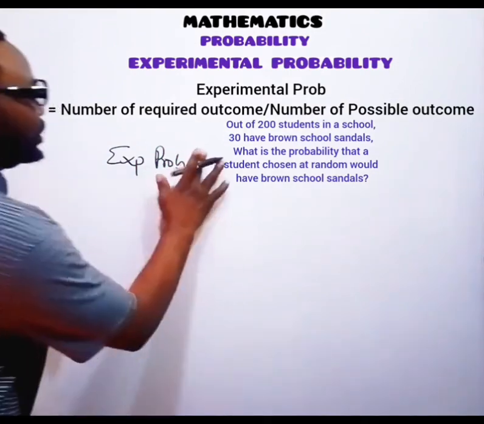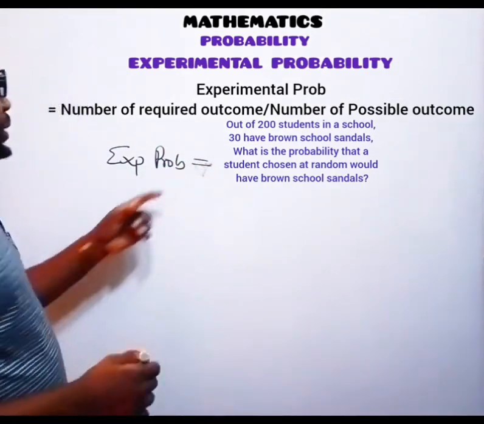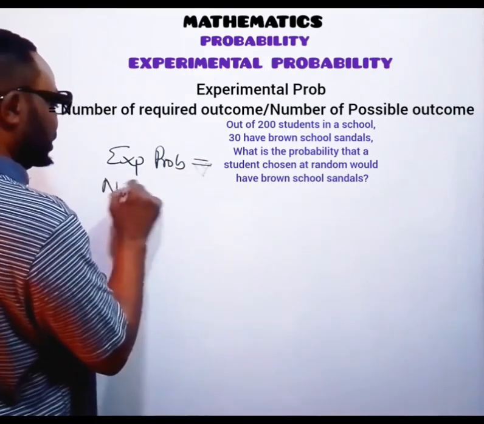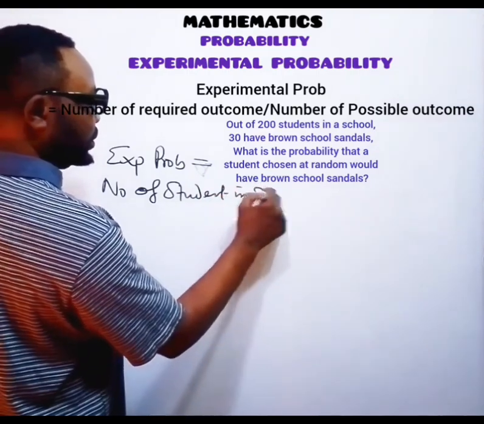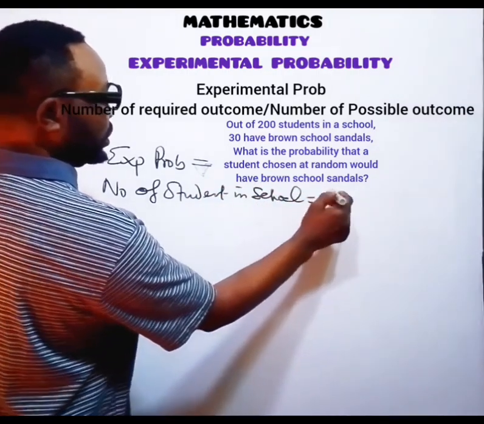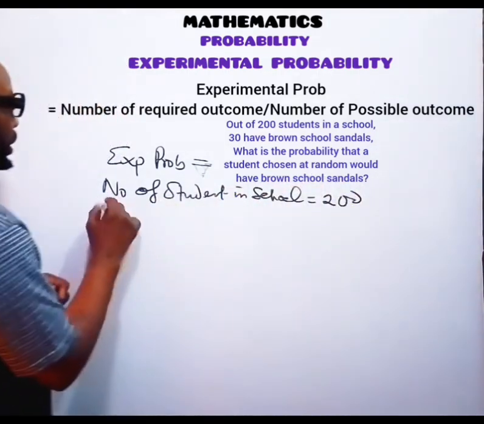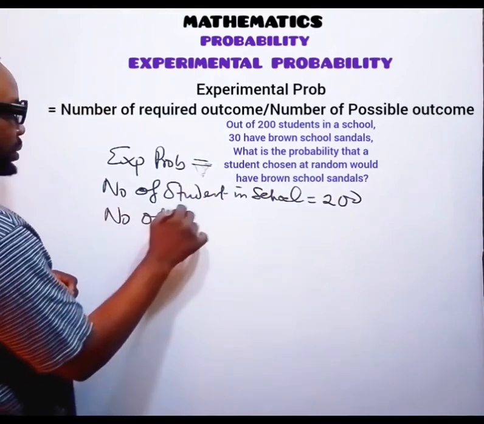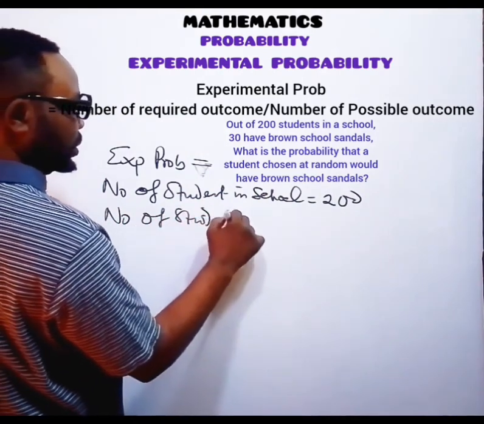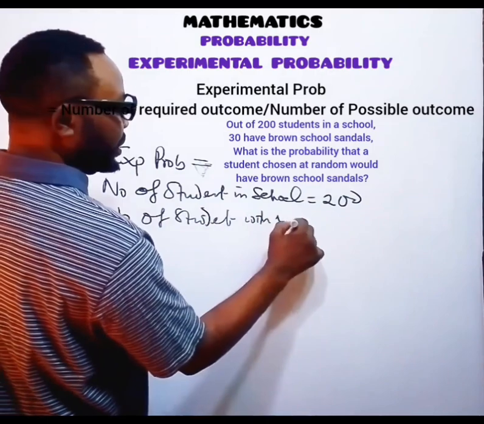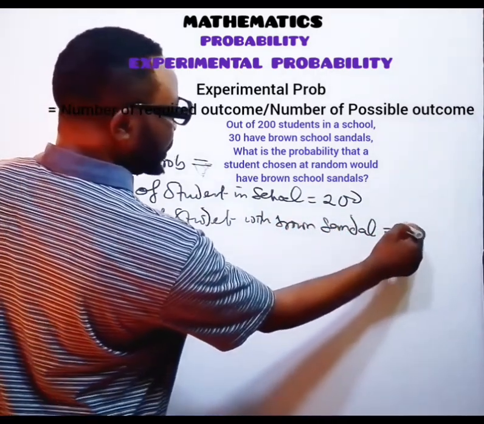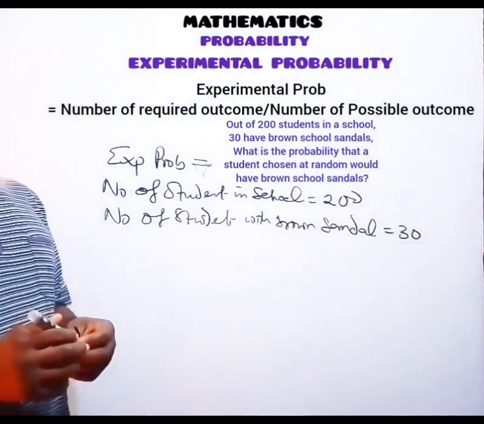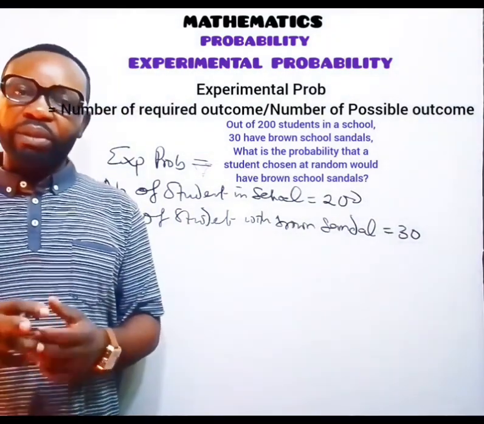We have the number of students in the school, which is equal to 200. The number of students with brown sandal is 30 students.